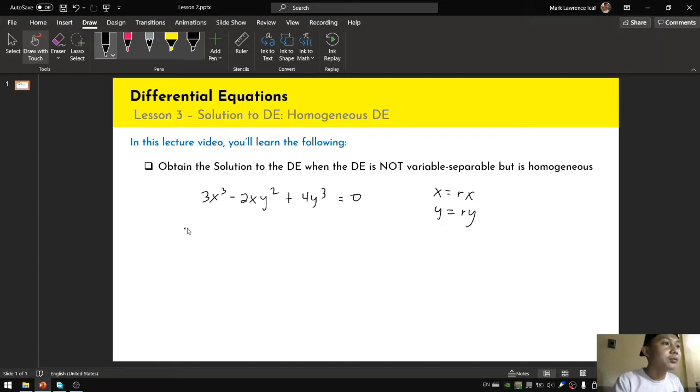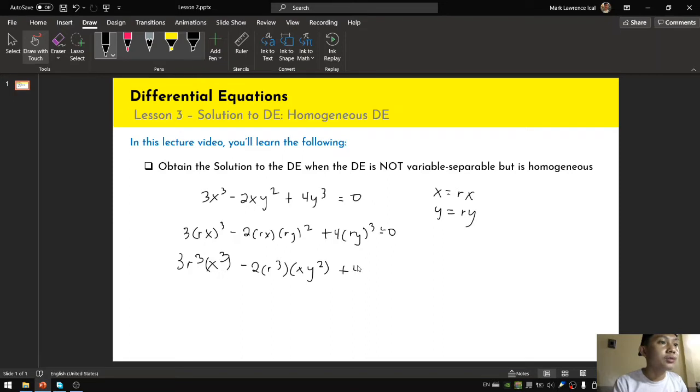So 3rx cubed minus 2rx ry squared plus 4ry cubed equals 0. That's 3r cubed x cubed minus 2r cubed x y squared plus 4r cubed y cubed equals 0.